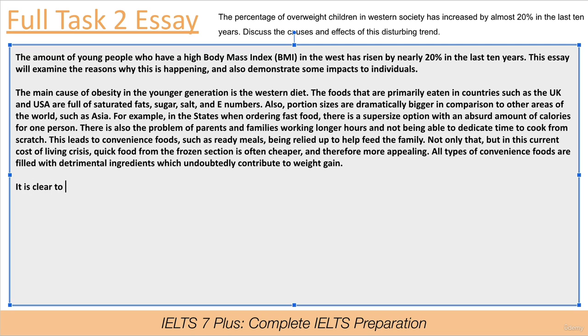We could say it is clear to see that health is being negatively affected in children due to this worrying trend, or situation.